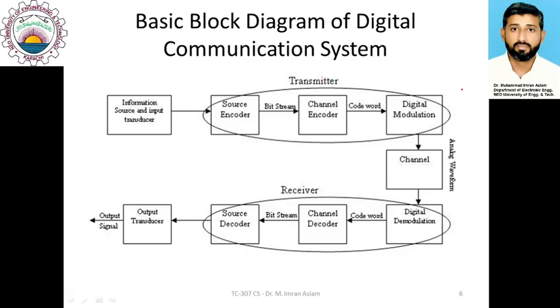So the next block is the digital modulation. We have previously discussed the modulation aspect in digital systems as well. We know that there are two types of modulation cases. If we are working on baseband signal transmission, in that case we try to represent the digital information in the form of pulses.